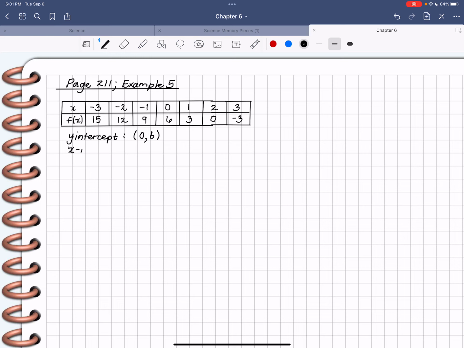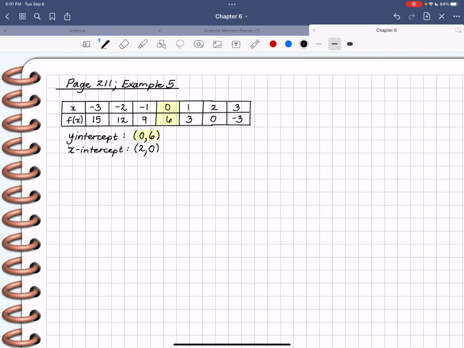The x-intercept would be the opposite, where you will have a 0 in the y slot. So the x-intercept for this table is 2, 0, but the y-intercept for this table is 0, 6. Okay, so I'm going to take baby b out and put a 6 in there. 0, 6 is the y-intercept.